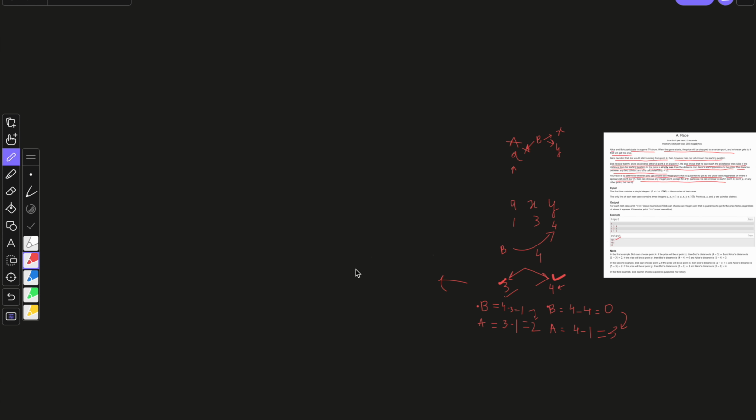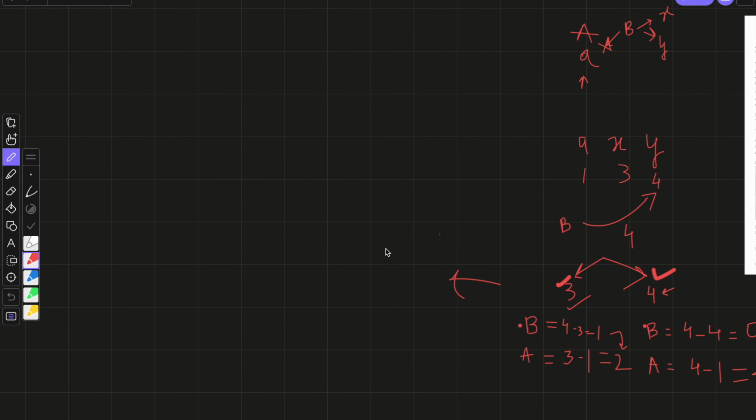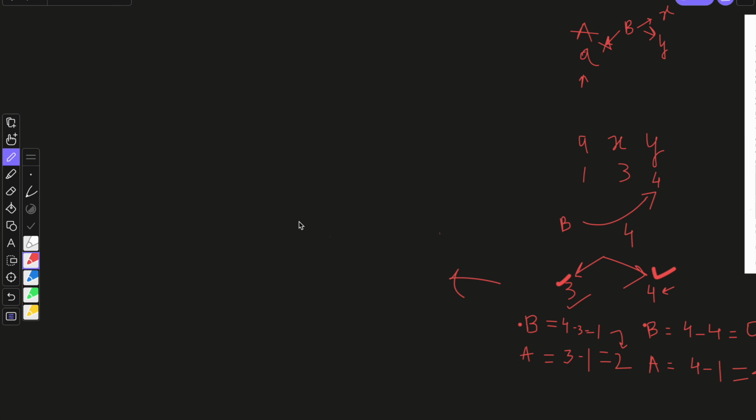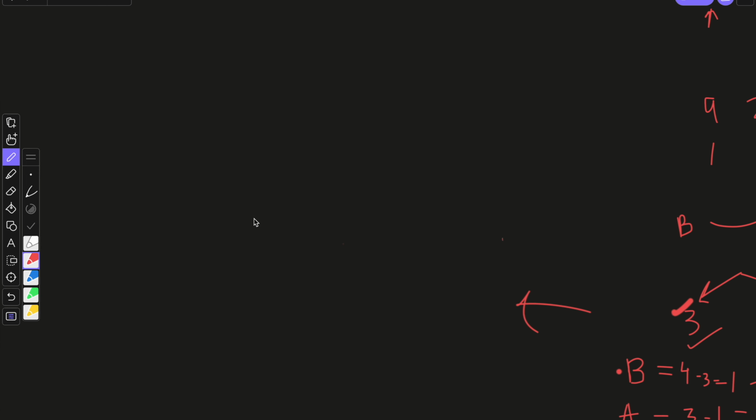Okay, let's look at this test case on a number line. Let's visualize the test case. So 1 is Alice's position, 3 is X, and 4 is Y, right?